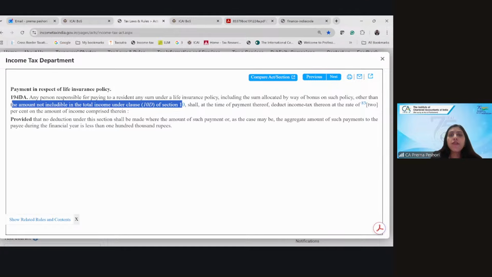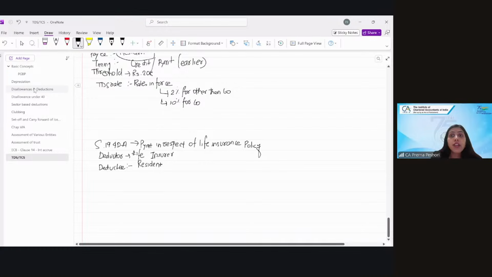So we have done this in which class? We have done that in the class of income from other sources. Yes, exactly. What is the limit given over there for the life insurance? 5 lakh.